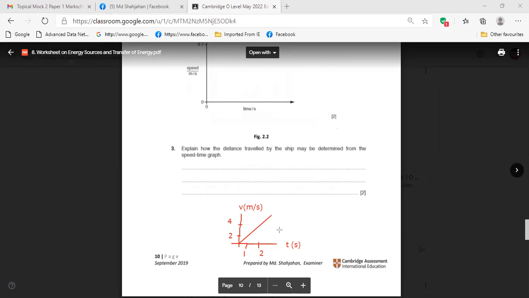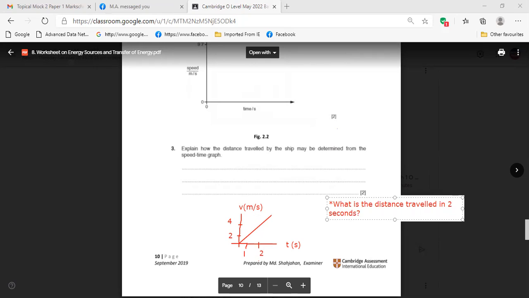If there is a question like this given: what is the distance traveled in 2 seconds?